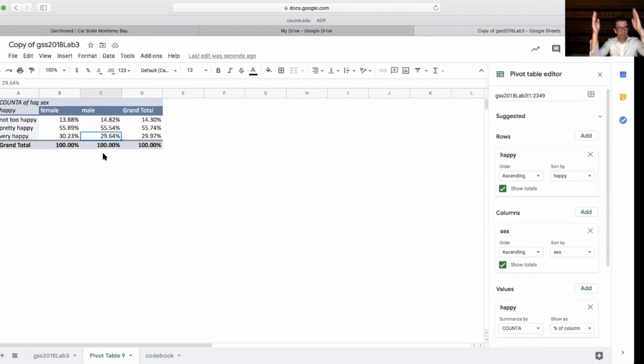29% of male respondents, almost 30% if you round it up, say they're very happy. And out of all female respondents, 30% say they're very happy. Out of male respondents, about 15% say they're not too happy. And out of female respondents, about 14% say they're not too happy.